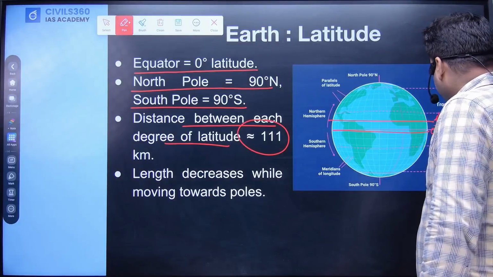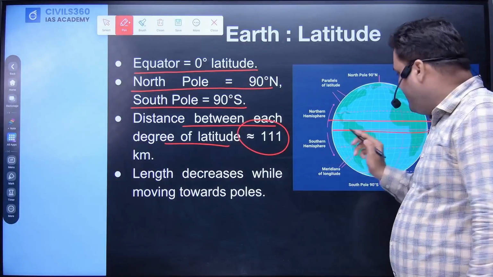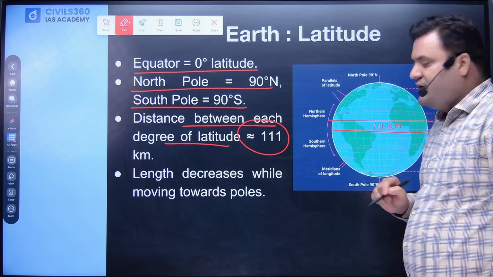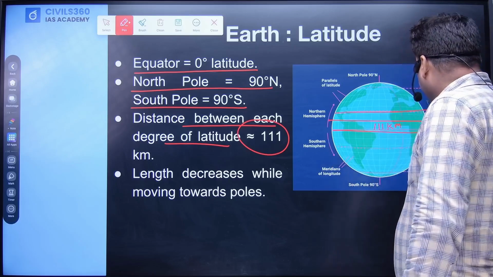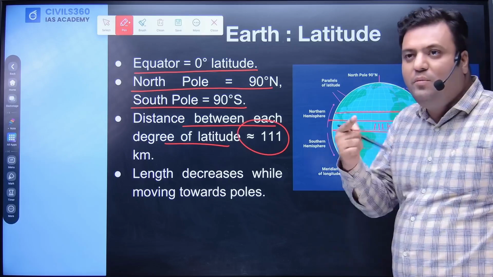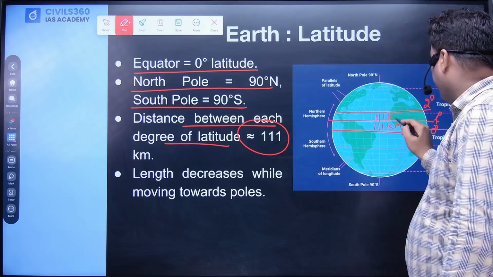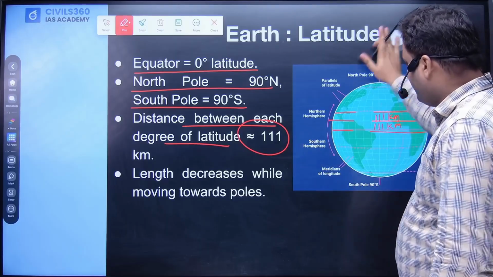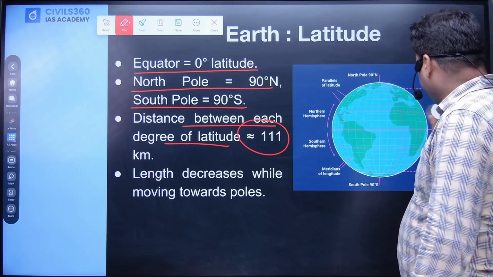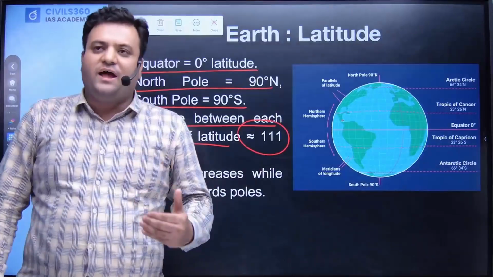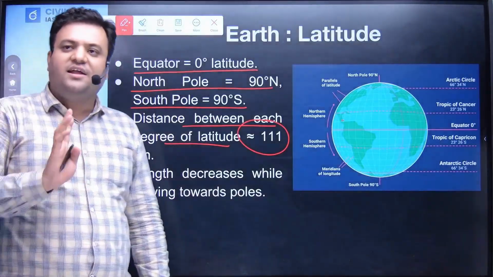The distance between 0 and 1 degree will always be 111 kilometers. Similarly, between 1 degree and 2 degree it will be 111 kilometers. So the distance between two successive latitudes, 1, 2, 3, 4 degree and so on, will always be 111 kilometers.